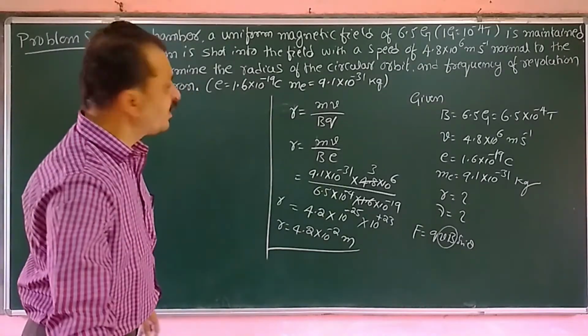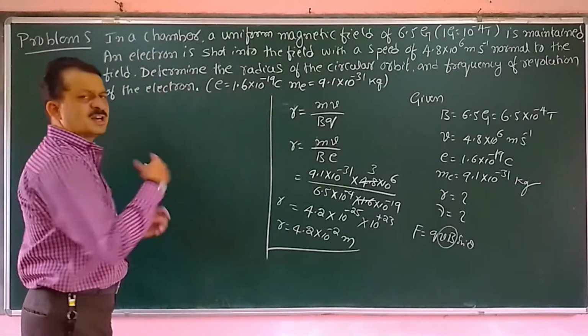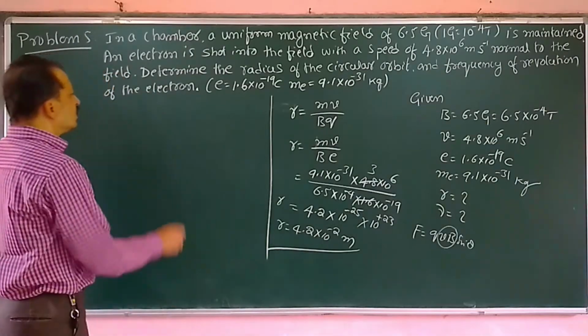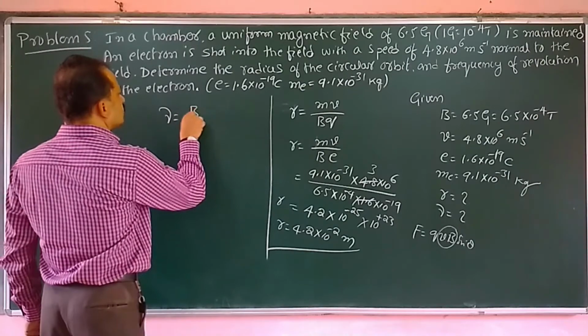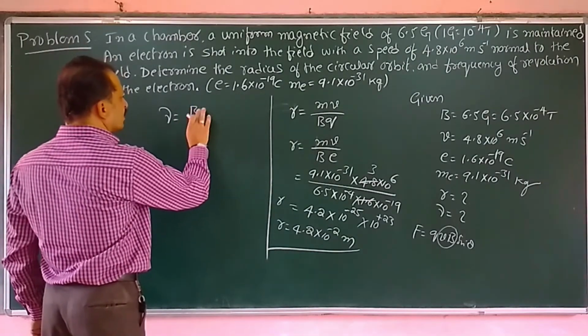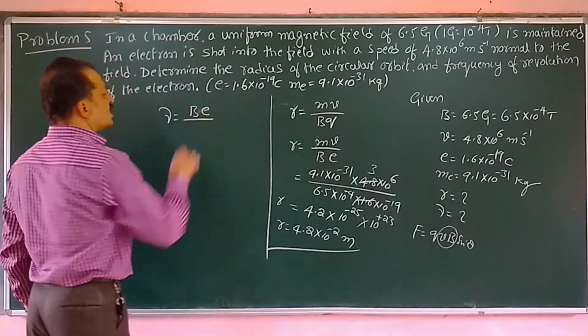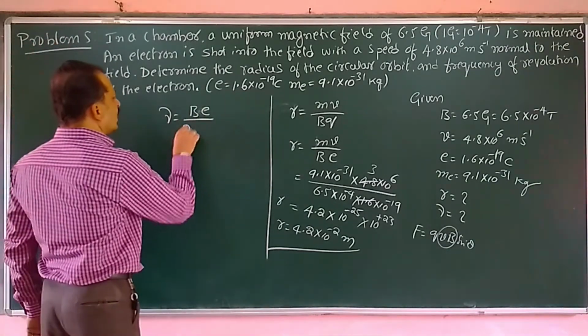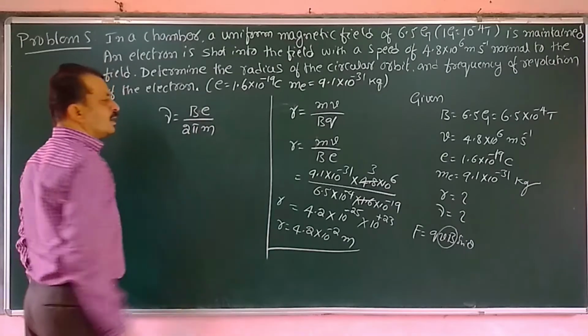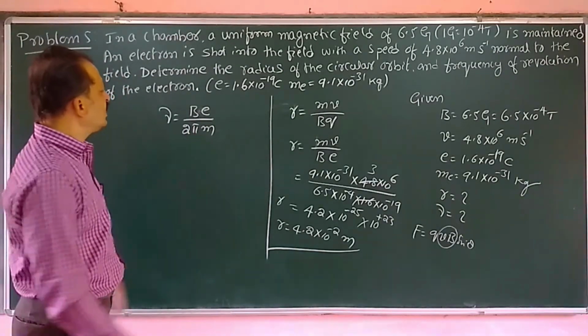Next, we have to calculate the frequency of revolution. The frequency of revolution is given by BQ, the general formula. Here, since we are taking the charge of the electron, it is BE divided by 2 pi m, where m is the mass of the electron.